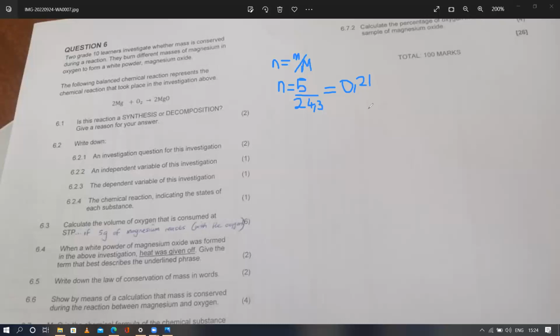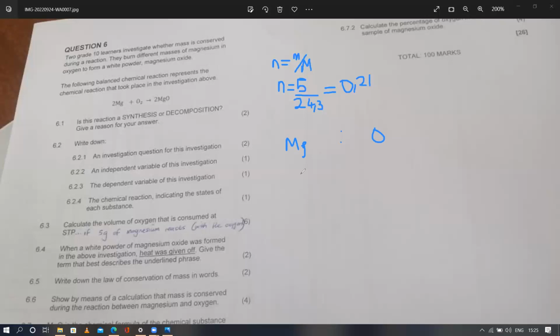So now, since you have this, we're going to use stoichiometric ratios to find the amount of oxygen that is used. So you know that this is going to be your Mg and this is going to be your oxygen, O2, the ratios.